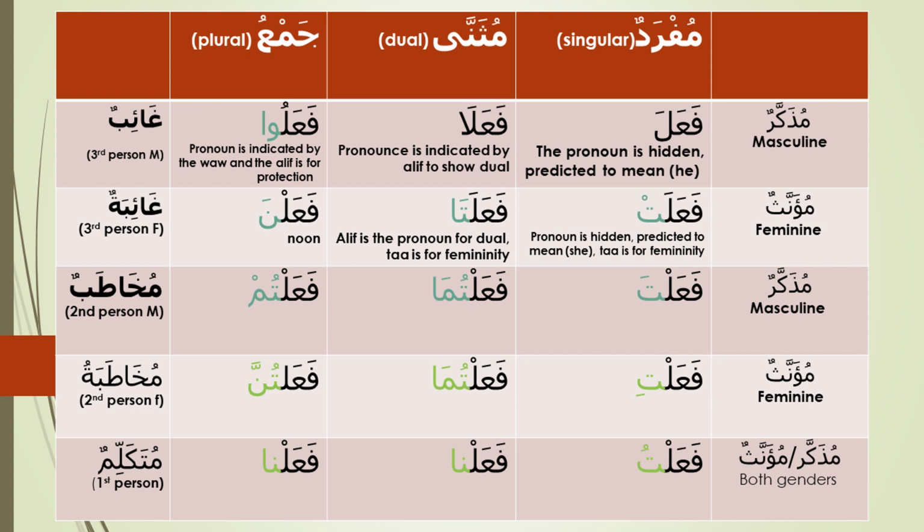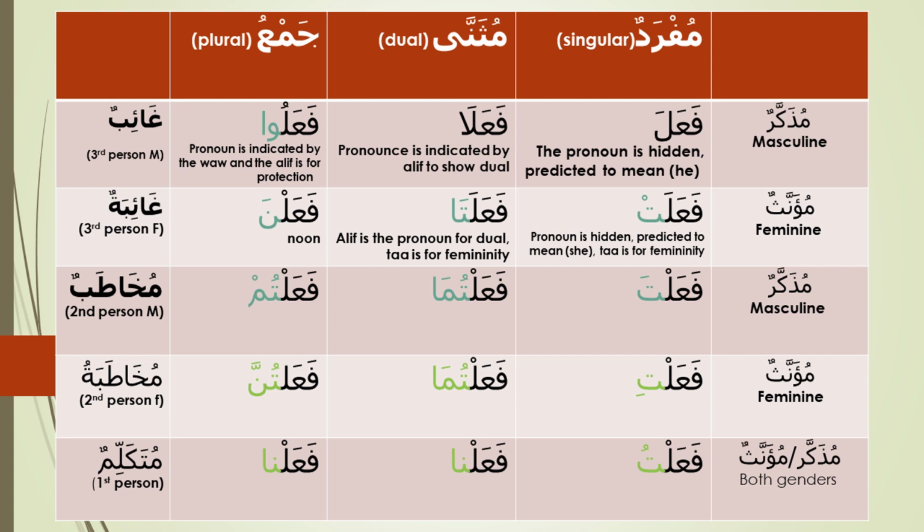And where else is it hidden? Fa'alat. So why is there an increase of a ta if it is hidden in fa'alat? Yes, it makes it feminine. Do you remember the name? Ta or ta'neeth, the ta of feminization.